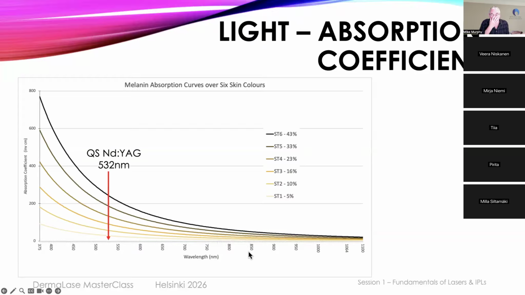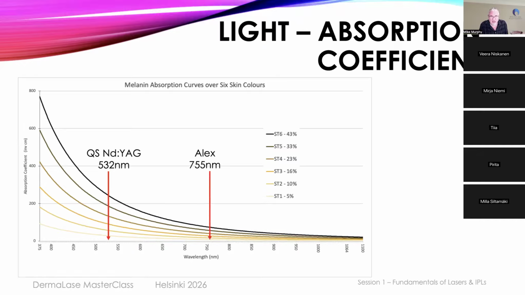So if you fire your Q-switched Nd:YAG at the 532 wavelength, which is the green light, at these different skin tones, you can see there's quite a variation in how much is absorbed by black skin compared to how much is absorbed by very pale skin, as in Finnish or Scottish skin. So there's quite a range of absorptions, which results in different temperatures, obviously.